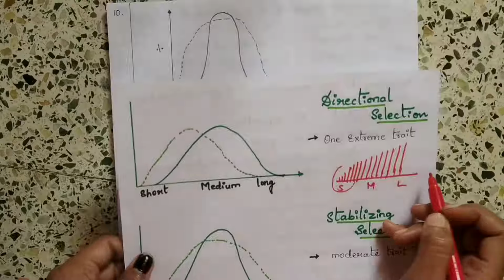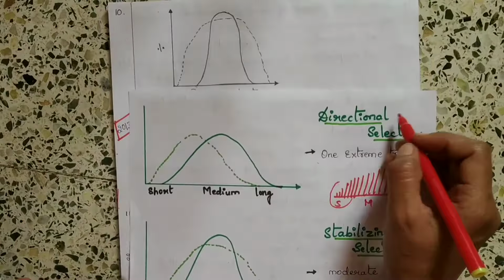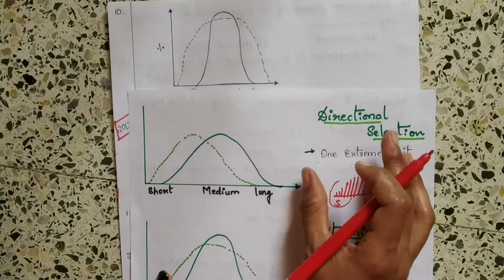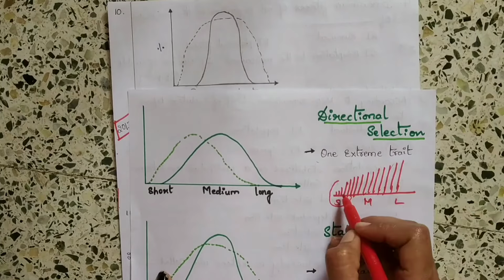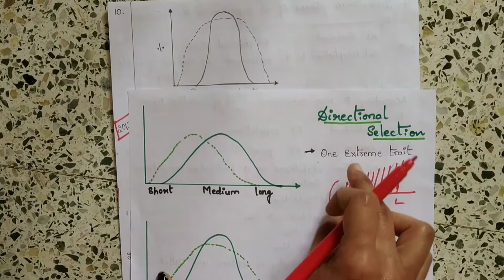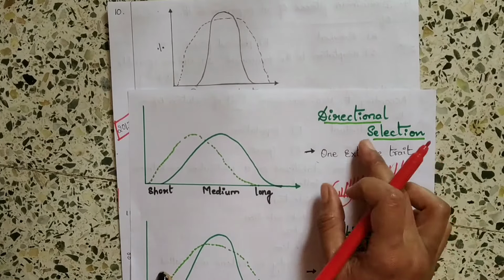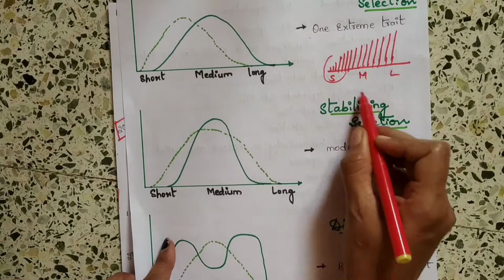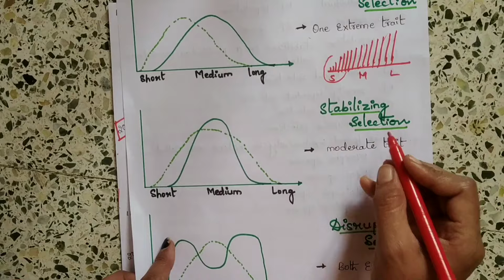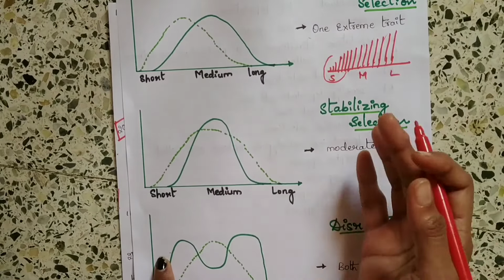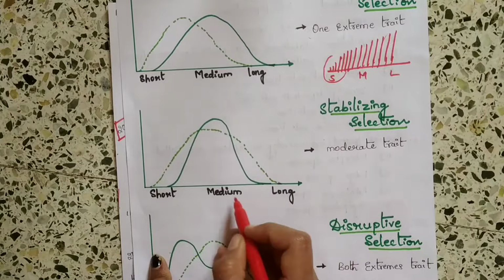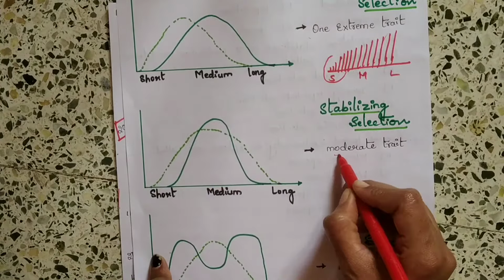Next, stabilizing. In the name itself, some of the answer is included. Directional means you select any one character. Stabilizing selection means, you know the meaning of stabilizing, right? You exclude the short and long extremes and select only the medium, that is, the moderate trait.